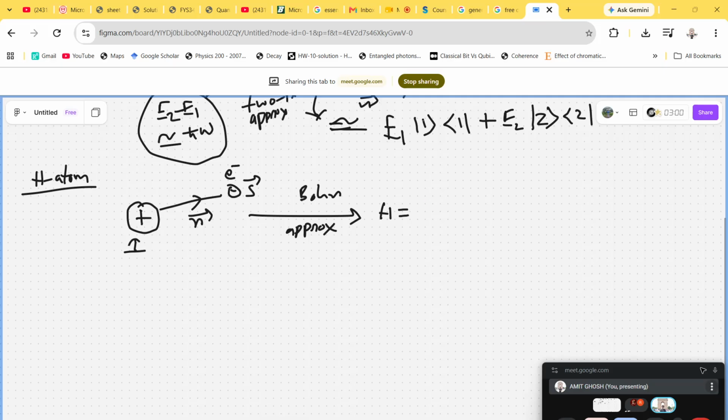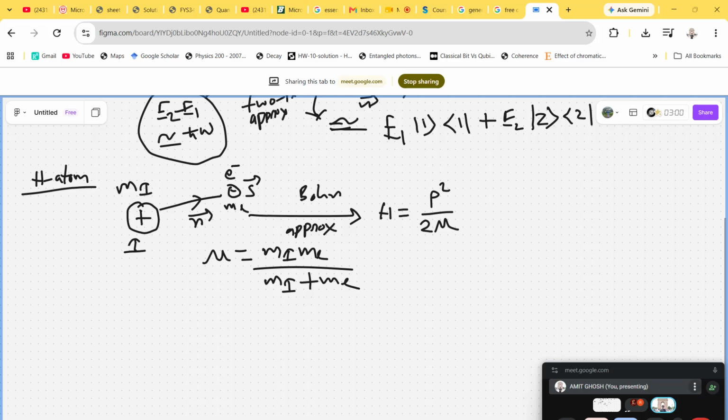One is the kinetic term, p square by 2 mu, right? Mu is the reduced mass. If this is mi and this is me, so this is mi me by mi plus me. This is the reduced mass, and then the electrostatic interaction.